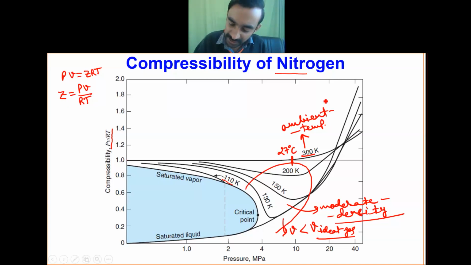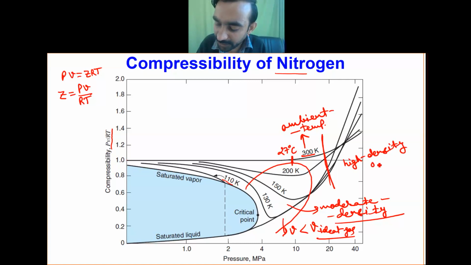When we go to the very high pressure zone, you can see clearly that at high pressure, irrespective of the temperature, the value of Z is greater than 1. Okay, so what will be happening in this high pressure zone? Here we will have very high density. If we have very high density, it means molecules will be very closely packed. If molecules are closely packed, we will have repulsive forces between the molecules.